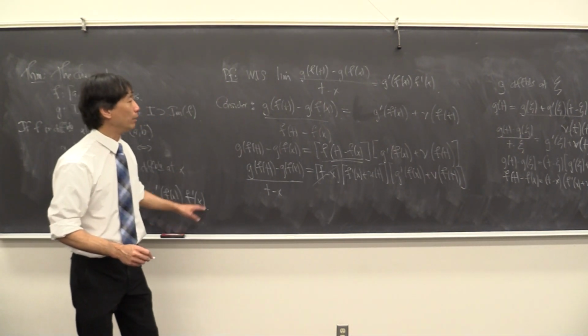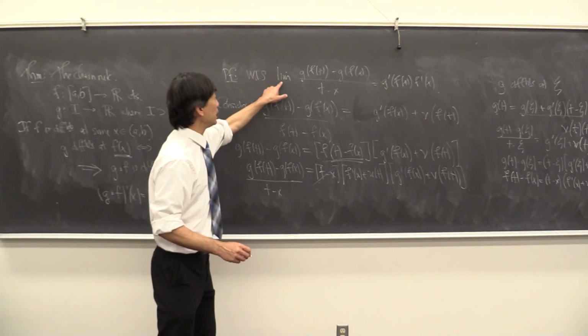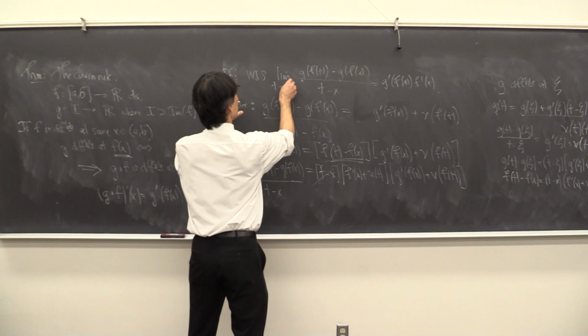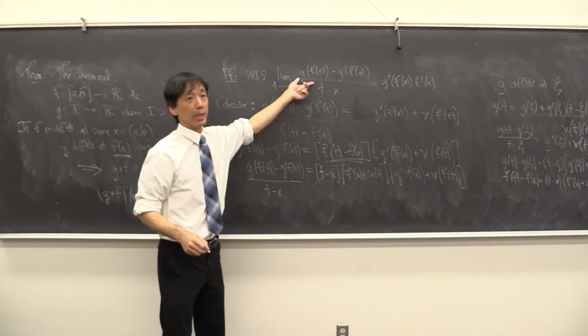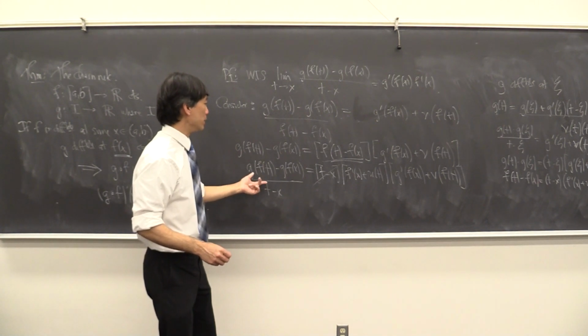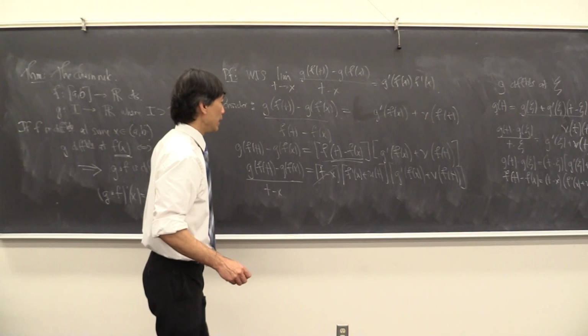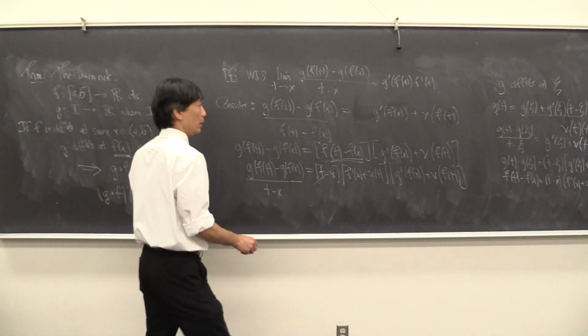Now, what did we want? We wanted to look at the limit as t goes to x of this thing. Well, the limit as t goes to x of this thing is the limit of this thing on the right-hand side. So let's look at it.